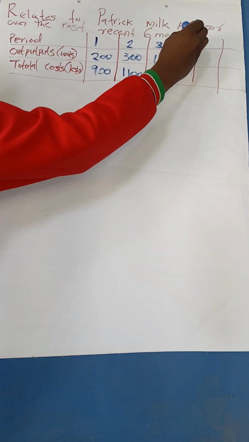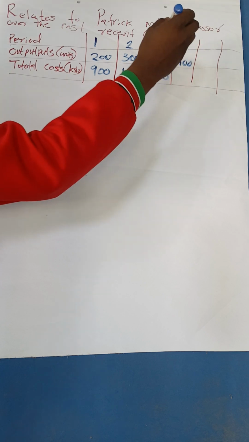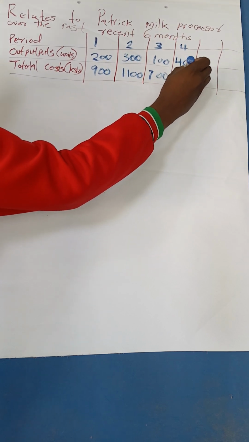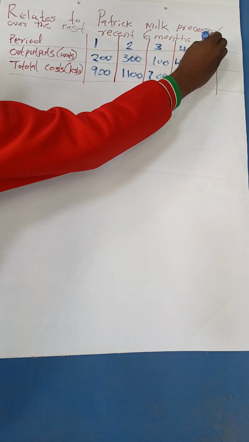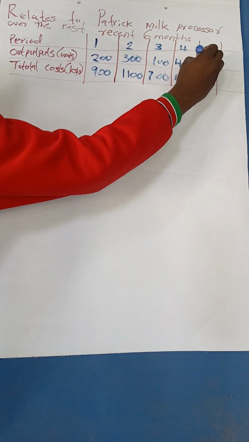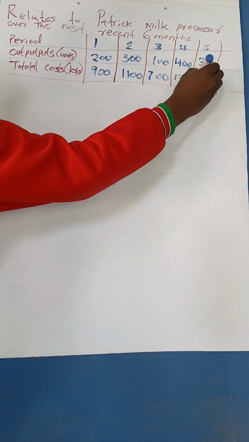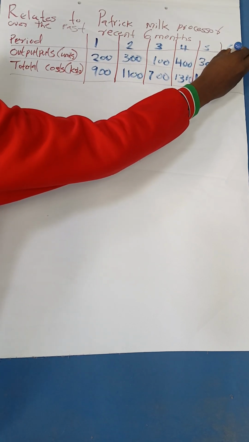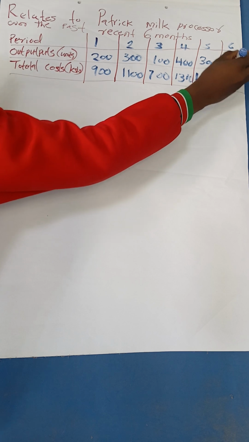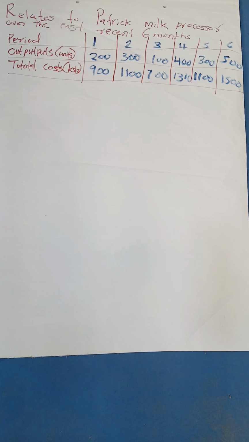In the fourth period we had 400, cost 1,300. On the fifth period we had 300, cost 1,100. On the sixth period we had 500 units produced, and the cost was 1,500. Good.